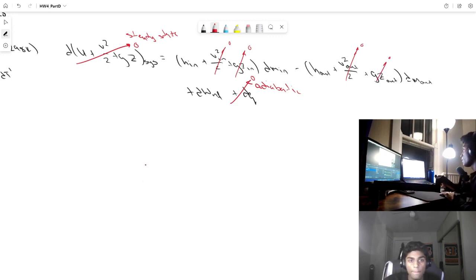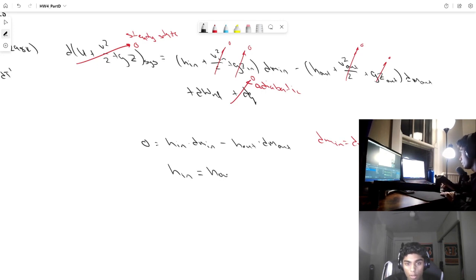So all in all, what we end up with is 0 equals h in times differential amount of mass in minus h out times differential amount of mass out. Now, we are assuming that no mass is lost within our reactor, so dm in equals dm out. That's a common term there. So eventually what we end up with is the enthalpy in is equal to the enthalpy out.